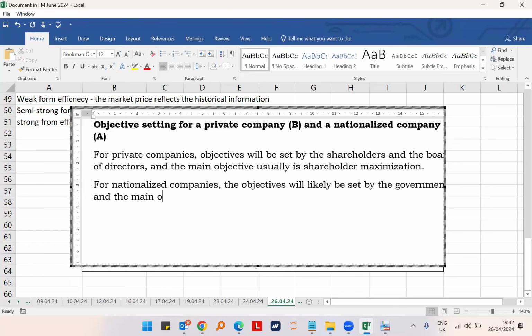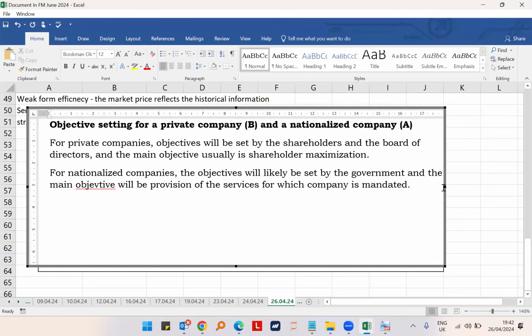And the main objective will be provision of the services for which the company is mandated. So for example, Umeme is not basically a nationalized company, but it comes close because of the arrangements that the government has with Umeme.